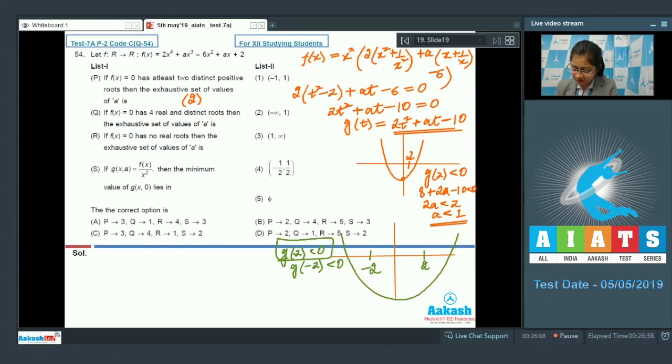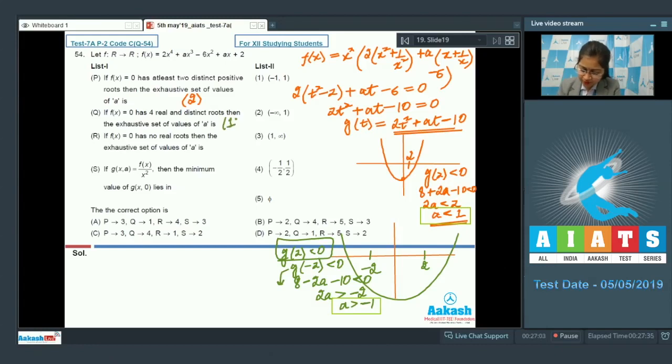This we have already found. Let's find g(-2) < 0. That is 8 - 2a - 10 < 0. That is 2a > -2, that is a > -1. So taking the intersection of a > -1 and a < 1, we will get a belongs to (-1, 1).